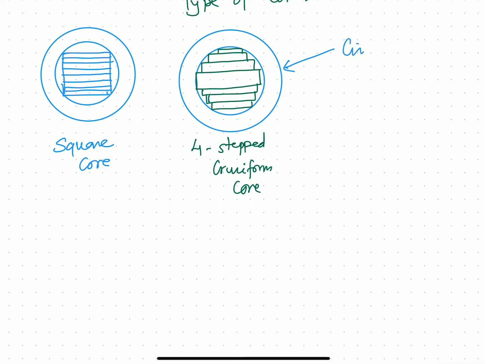So this circle is known as the circumscribing circle, right? What happens is that this circumscribing circle is used to determine the areas. So we are going to talk about these areas now.